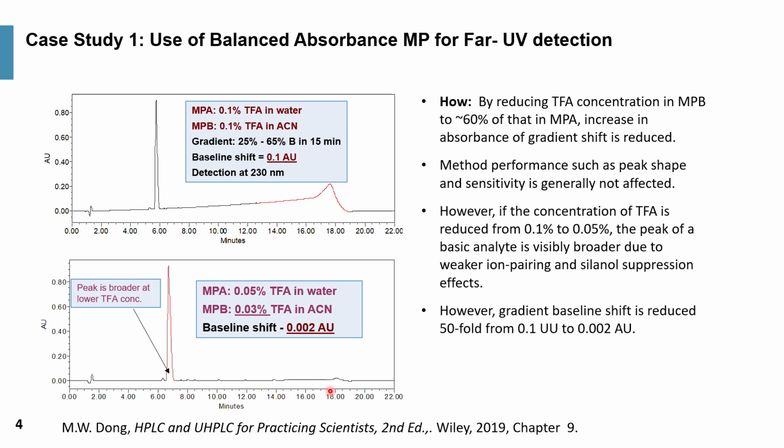But nevertheless, you can see that the baseline shift is reduced 50-fold under these conditions to 0.002 absorbance unit, right? So this can be done.